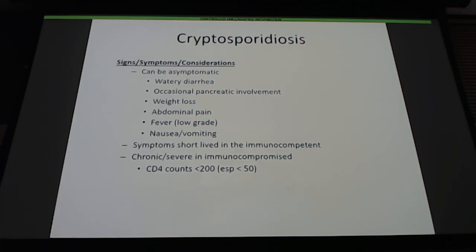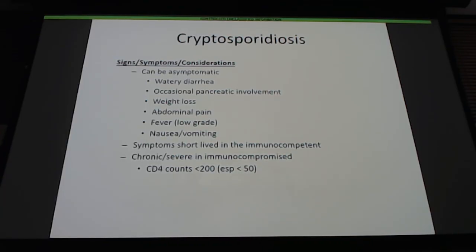Okay. For the immunocompromised, especially less than 50 CD4 count, it's really bad for them. We have no treatments for them. Okay, we have no treatments. So what we do for those folks with CD4 count less than 200, in this case, we usually have folks with less than 50. The mainstay treatment for these guys is to get that number back up.